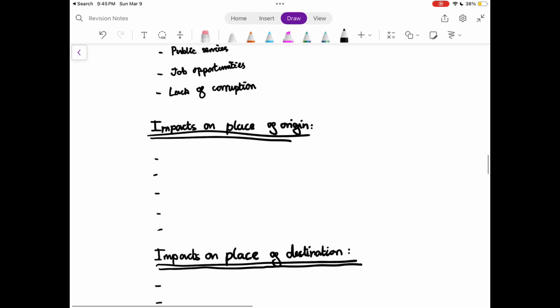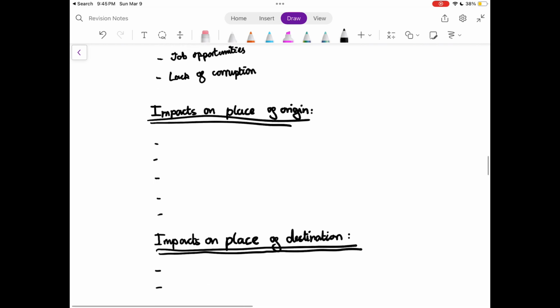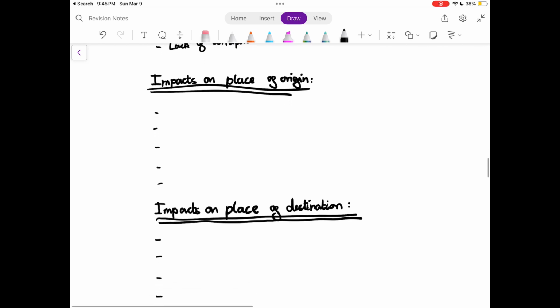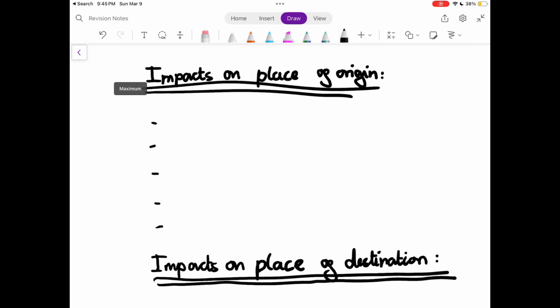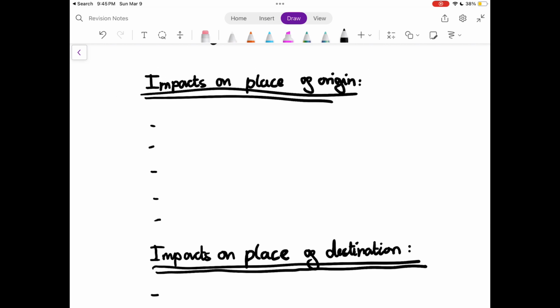So there are a variety of impacts that you need to know, and you need to know the impacts on the place of origin, the place of destination, and the impacts on the migrants themselves. So for the places of origin, some impacts are less pressure on public services, and this is good because it just generally alleviates the pressure on the healthcare and education.